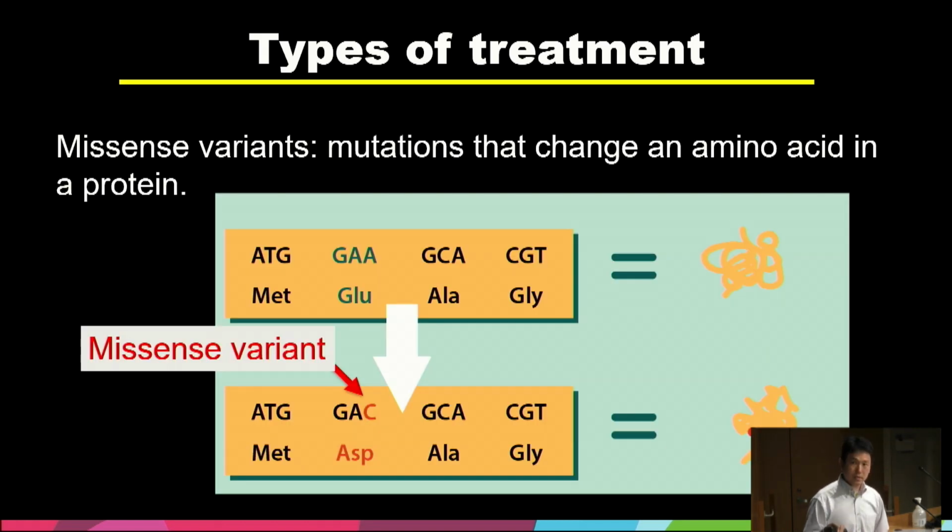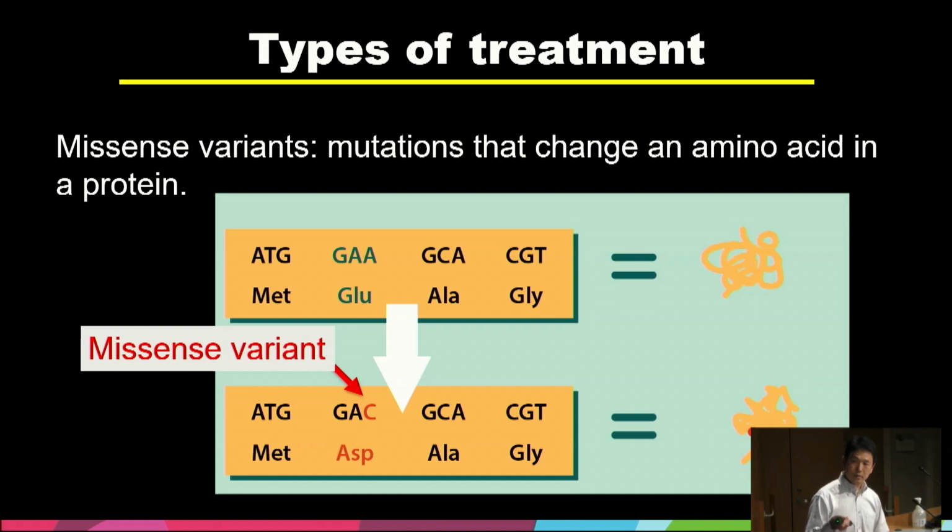Let's start with the missense variant, the mutation that changes the amino acid in the protein. This is the DNA code, and each three DNA letters become one amino acid. If you have a missense variant, let's say this G becomes C, the amino acid changes from this amino acid to this amino acid.